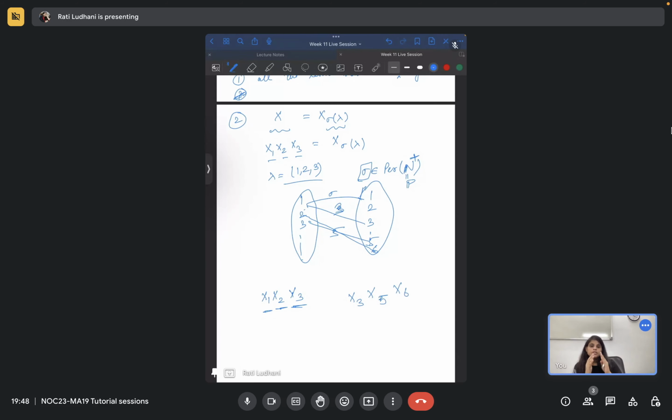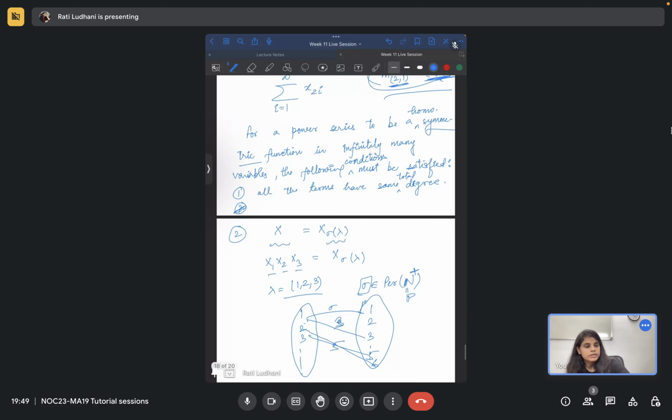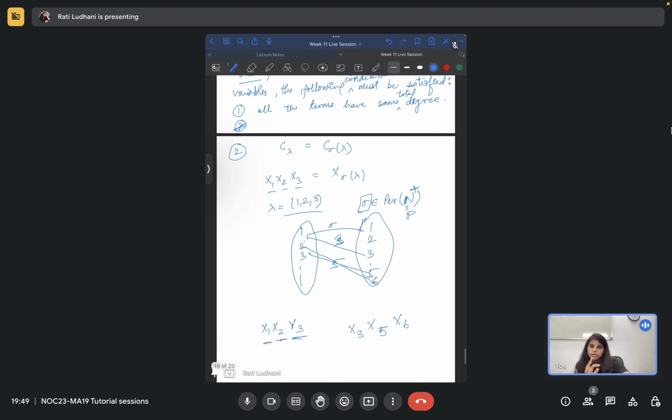So that means 1 2 3 could be replaced by any other three distinct numbers out of these positive integers. So if something has to be a symmetric polynomial, then the coefficient c of lambda should be the same as c of sigma lambda, because when you permute it, you should have the same coefficient.